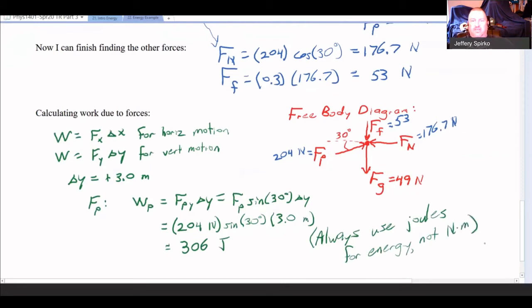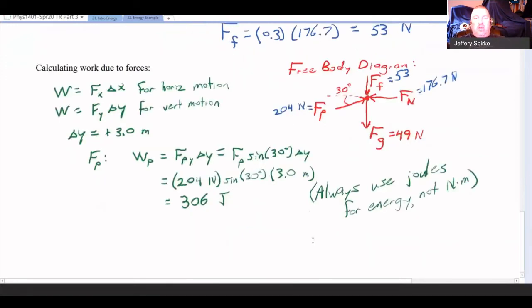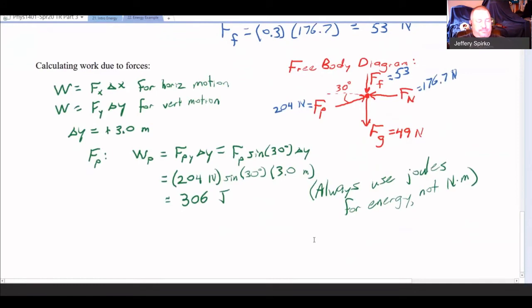And as a little side comment, when you're calculating amounts of energy and you're multiplying newtons times meters, always use joules for energy. Don't call them newton meters. Okay, so that was good.